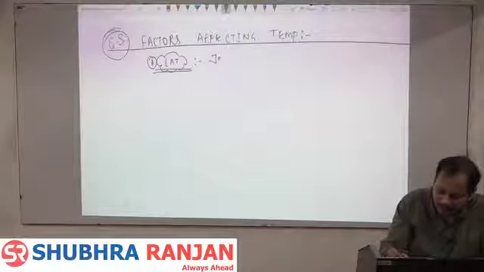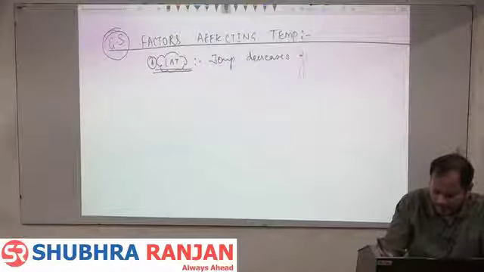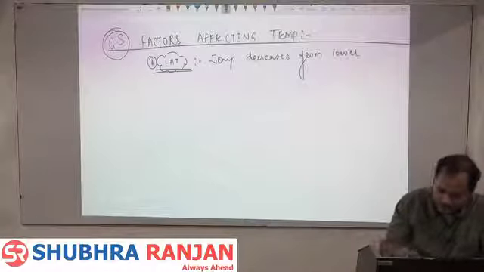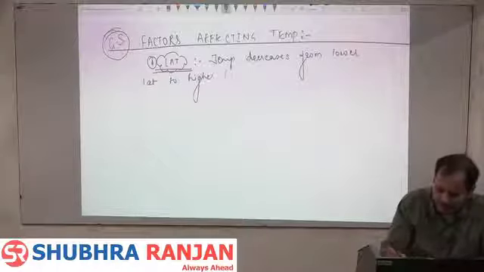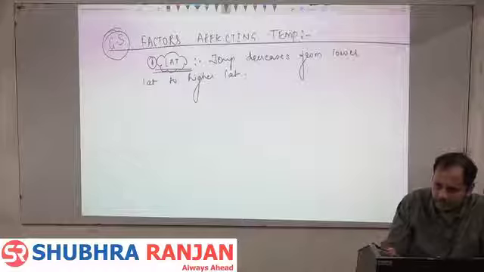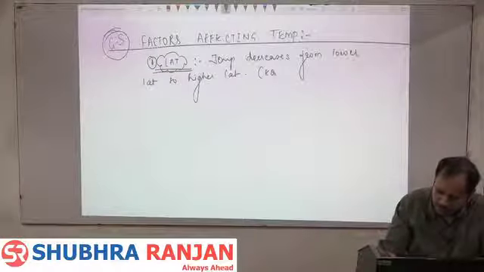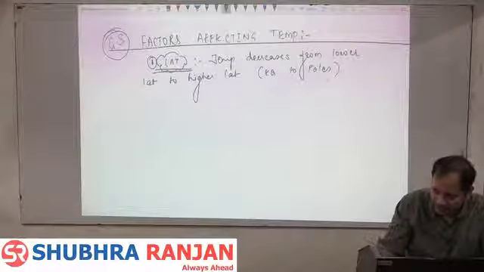That is, the temperature decreases from lower latitudes to higher latitudes, in the bracket, that is from equator to poles, right?